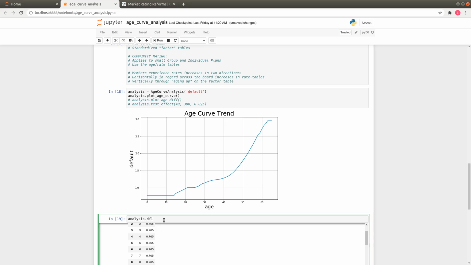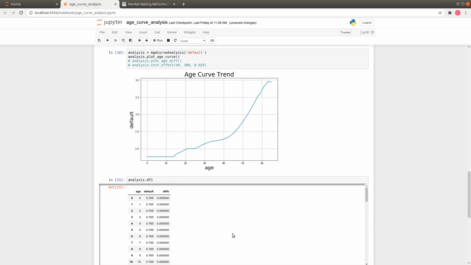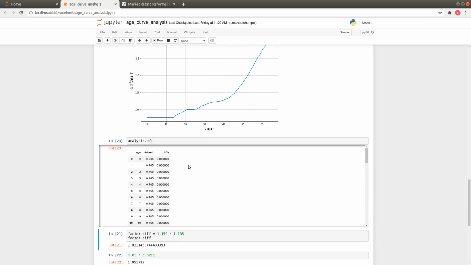something like this, where what we're doing is we're taking the difference year to year. So obviously in year 0 there's no change, and what we're going to do is kind of the same experiment that I did down here, where we take year 2 and divide it by year 1. So if we come down here to age 14 or 15, sorry, this is where we can see a change.